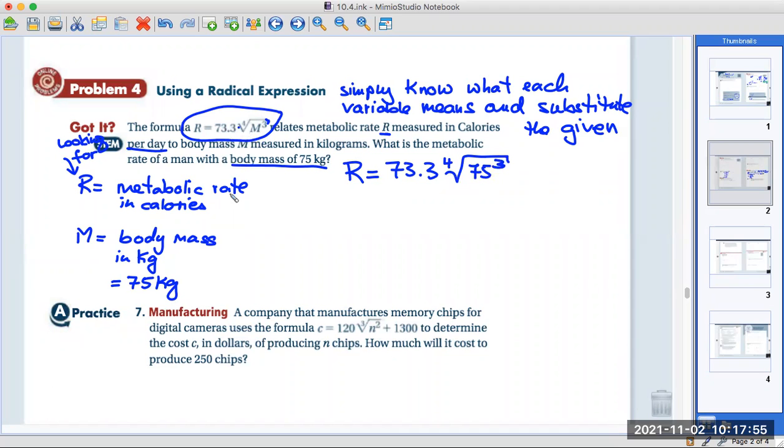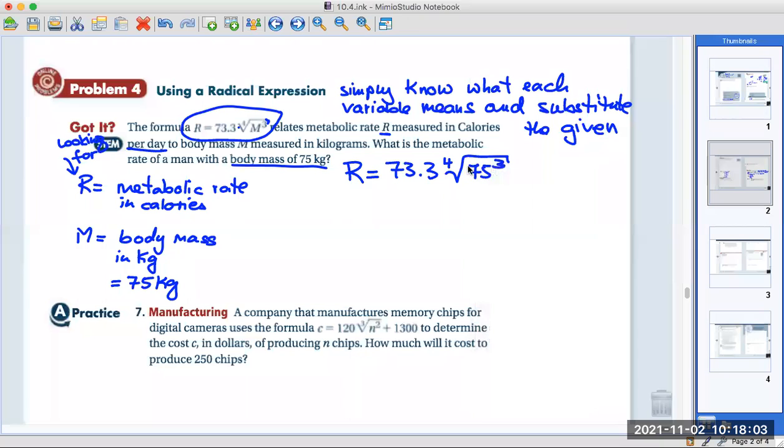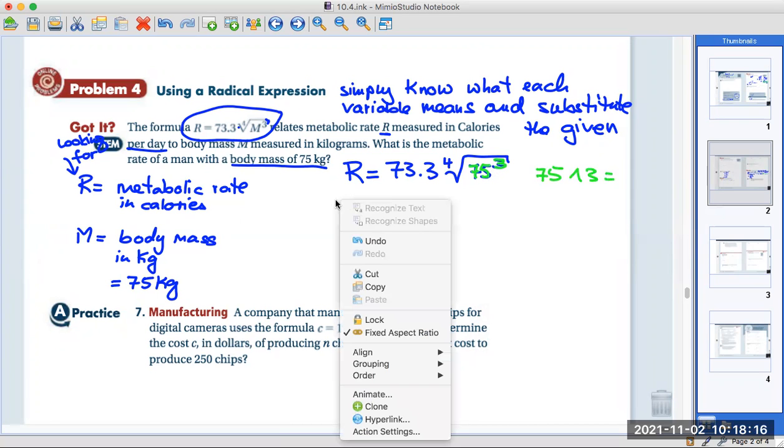And here's the thing, you have to start with the correct order of operations. I'm going to highlight in green what you need to find first. You need to find this number first, 75 to the power of 3. Put that in your calculator, equals.